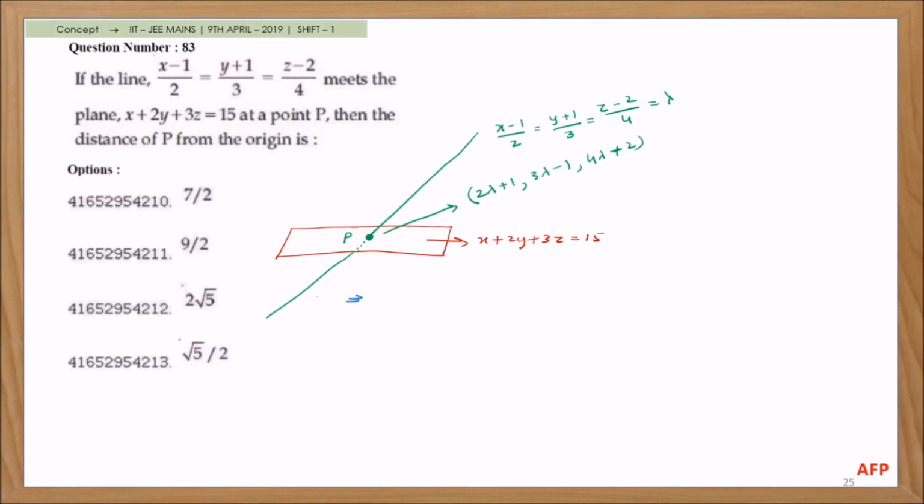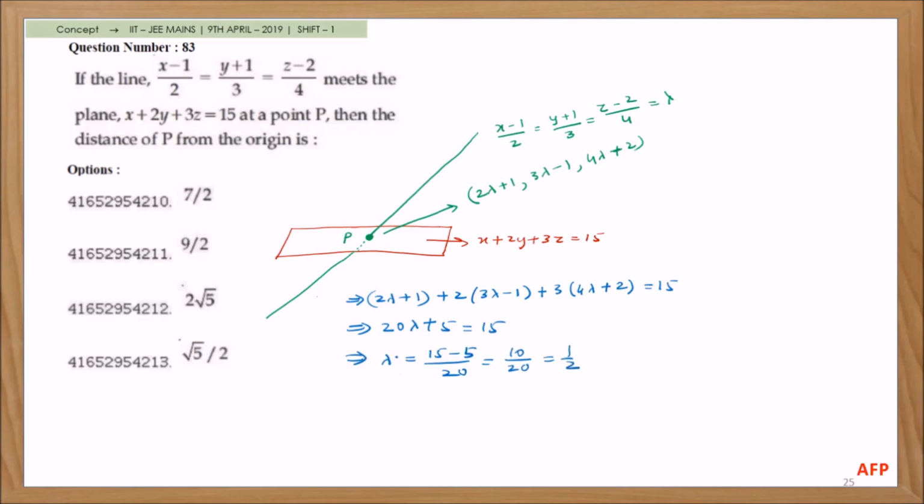So this implies 2 lambda plus 1 plus 2 times (3 lambda minus 1) plus 3 times (4 lambda plus 2) is equal to 15. So this implies 20 lambda plus 5 is equal to 15, which is nothing but lambda is equal to 1 by 2.